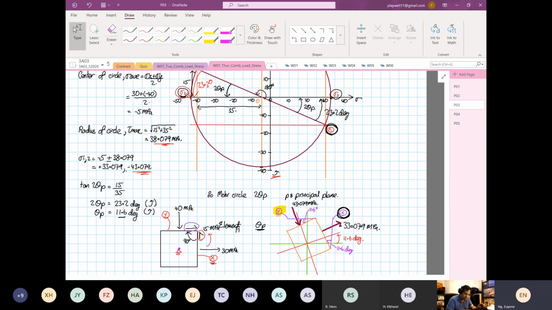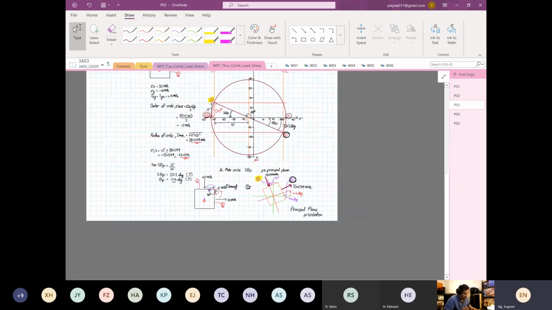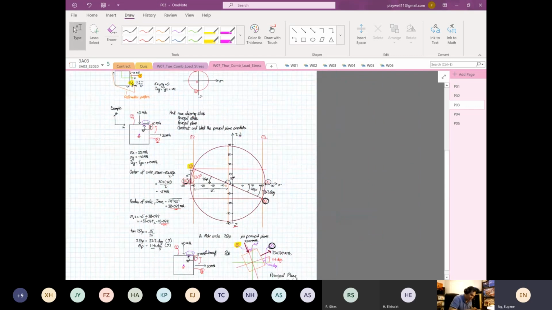Okay. So this is what we call our principal plane orientation, where the shear stress is equal to what? It's equal to 0. So unconsciously, what have we done? Now you are capable of doing from element to Mohr circle.